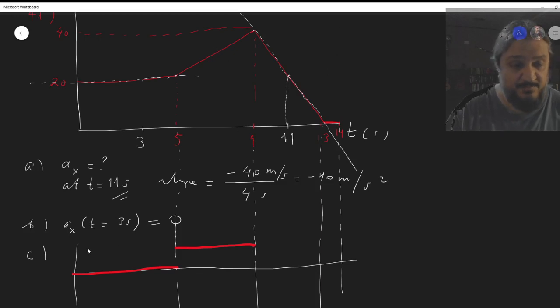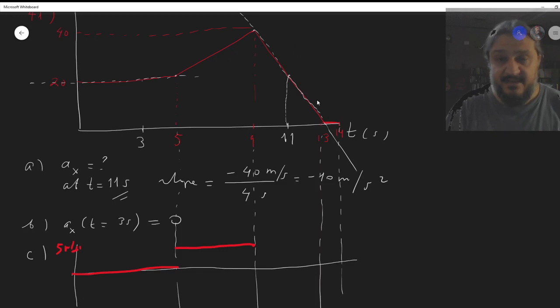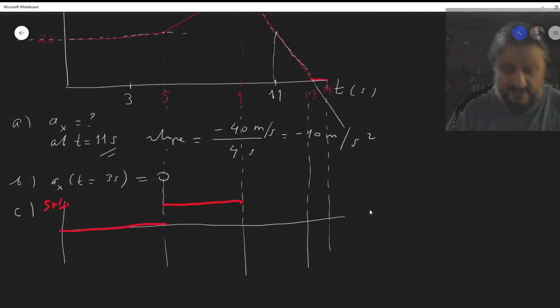If I want to put that number over here, I have to consider this, which is 20 over 4, right? That's 5 meters per second squared. And then I already calculated what happens after that. That's negative 10, right? So right here. That's negative 10 meters per second squared. So that is the sketch.